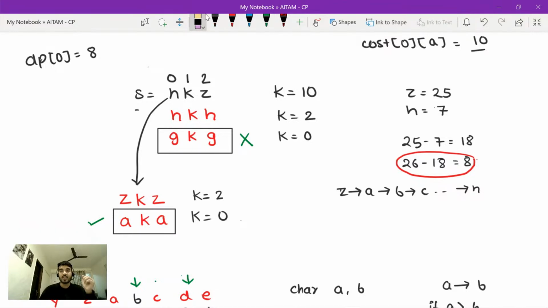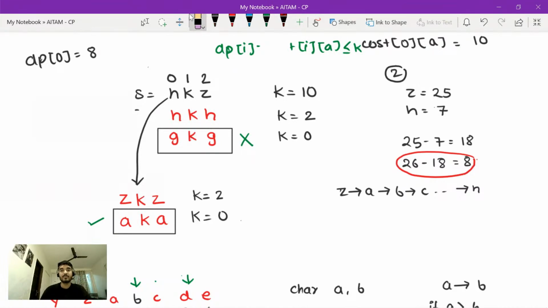Then here I'm checking dp of I minus cost of I and a. That is, is it possible to convert this into a? Yes, it is possible because this value is less than k. The new updated value of k was 10, is now 2.